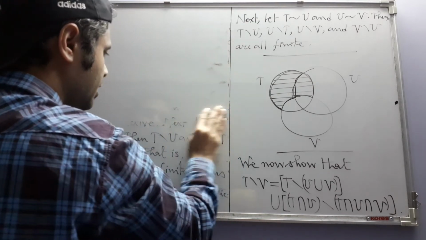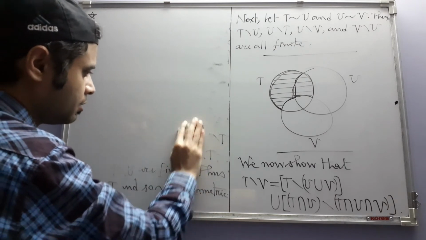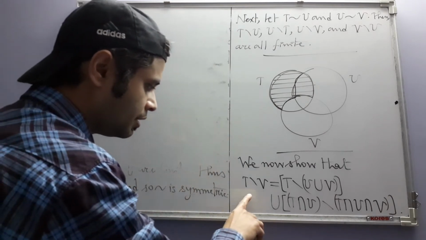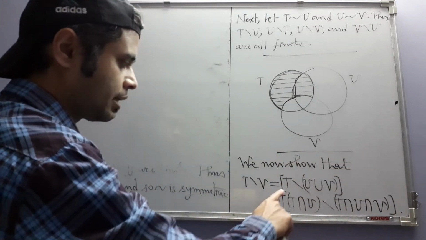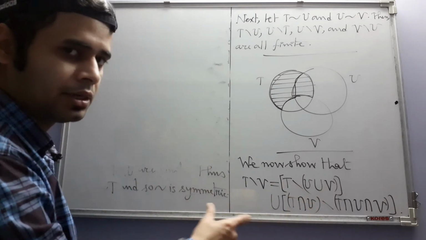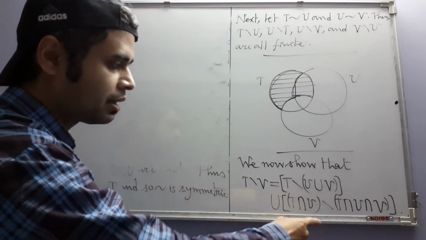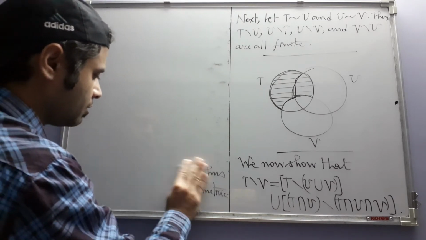This is something we are just immediately guessing from this figure. One may write in place of this, particularly on the right hand side, an expression that is not as complicated as this. Maybe it has fewer steps, but this will get the job done. We will see.